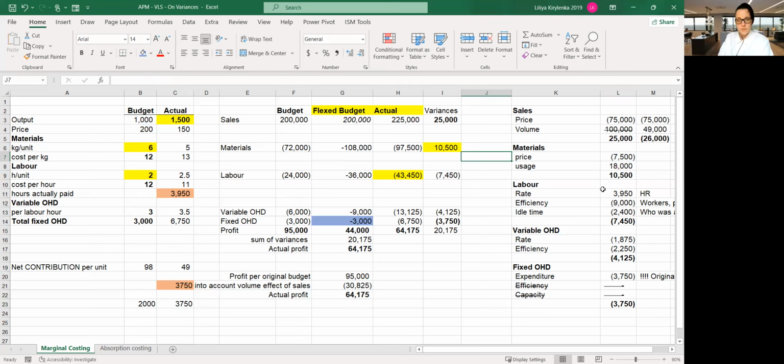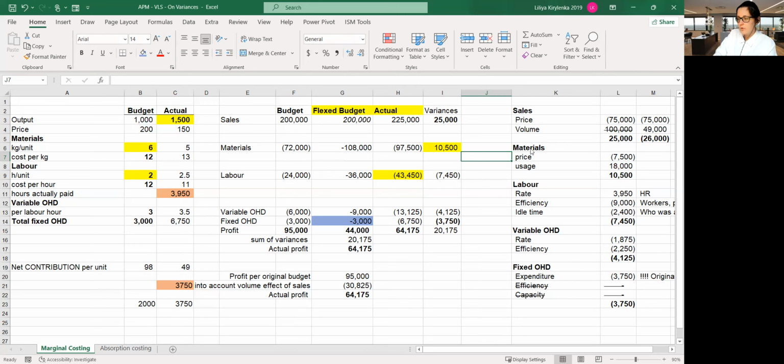So if for some reason you've forgotten how to calculate the variances, we'll just calculate something and then talk about that. And the logic of the variances is that we find out who is responsible for the success or failure of the changes between budgeted figures and actual figures, and our budget is going to be always flexed.